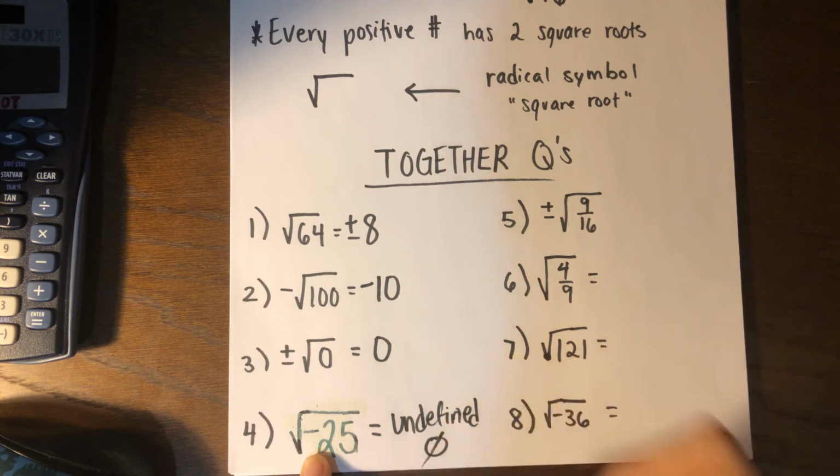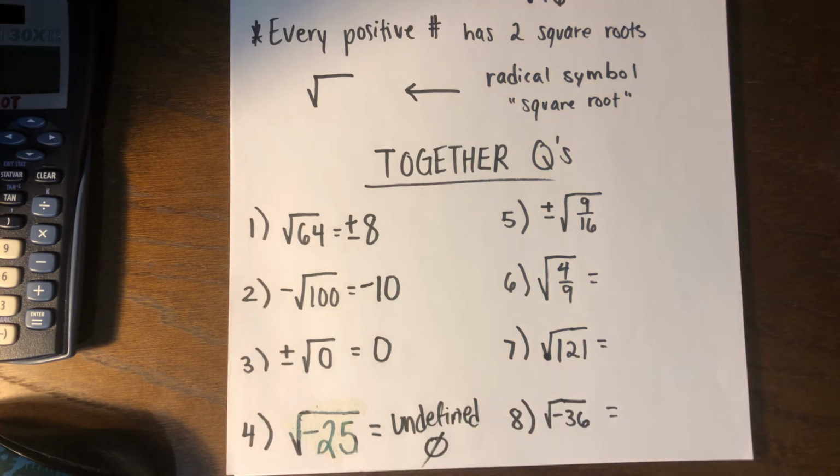Okay, or no solution. There's not an answer to that. It's impossible. Okay? You'll learn how that becomes actually possible in like Algebra 2 and pre-calculus. Okay? That's dealing with imaginary numbers. You do not have to worry about that right now.